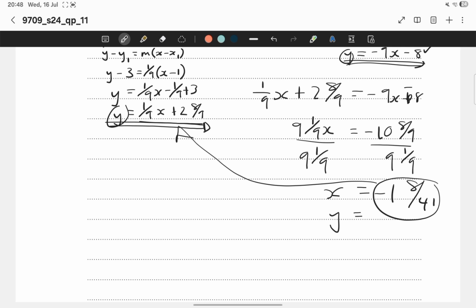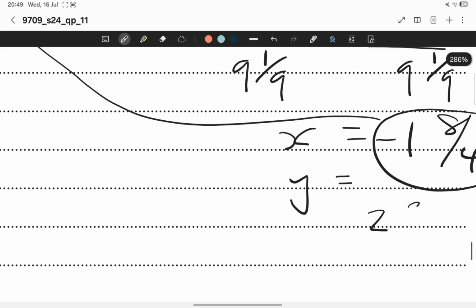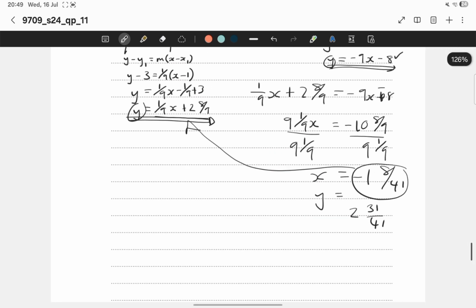So that's 1 over 9 times minus 1 and 8 over 41 plus 2 and 8 over 9, and that will give us 2 and 31 over 41. So this is the point where the normal and the tangent meet.